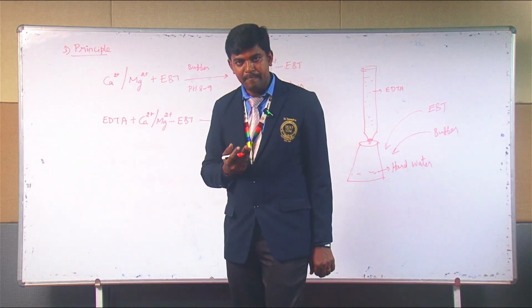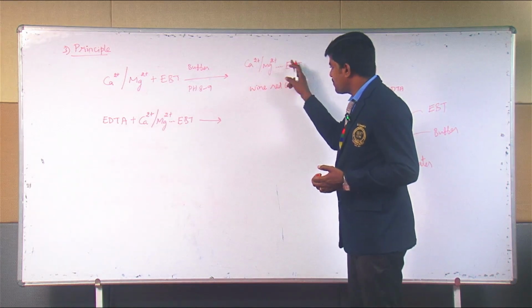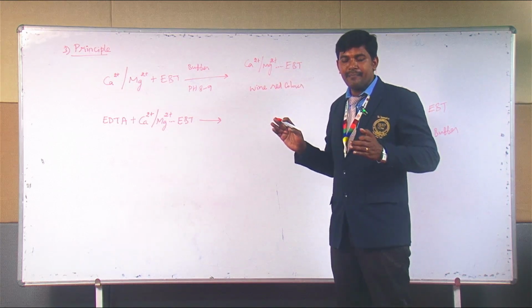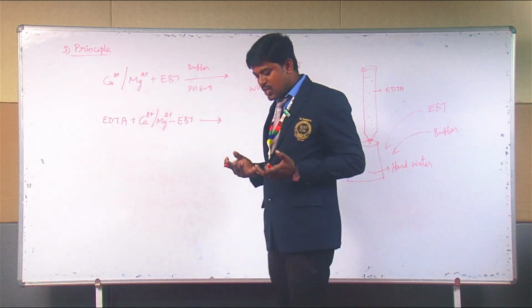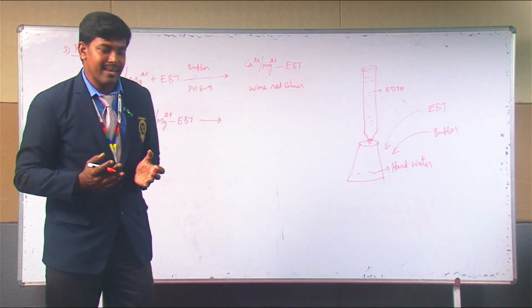When you titrate against EDTA, the bond between calcium and EBT, and between magnesium and EBT, will break, and the calcium and magnesium ions will form a strong bond with the EDTA.